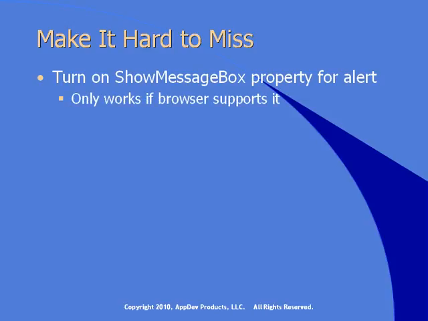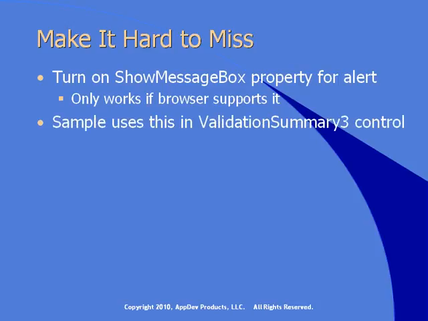Now, this only works if the browser supports it. Internet Explorer does. And the sample uses this to display a message box which has all the errors in it. You've seen this on the sample page. It's an alert that pops up in a modal fashion above the browser window. Let's review how the validation summary control looks on the page.